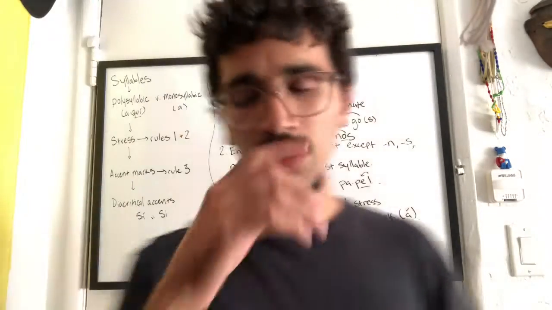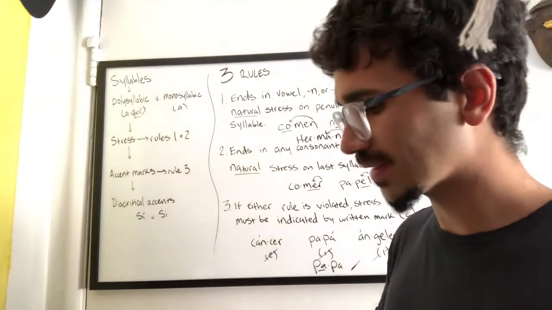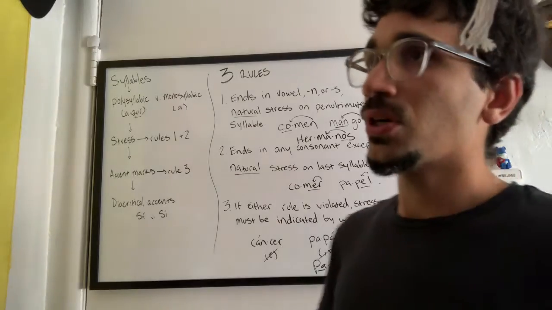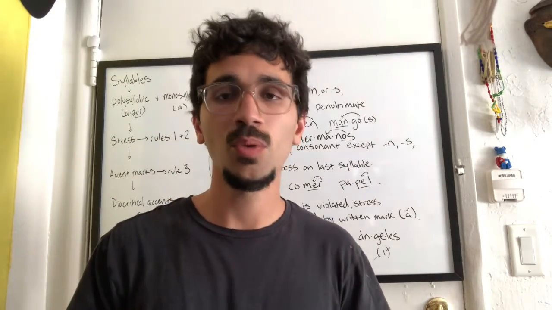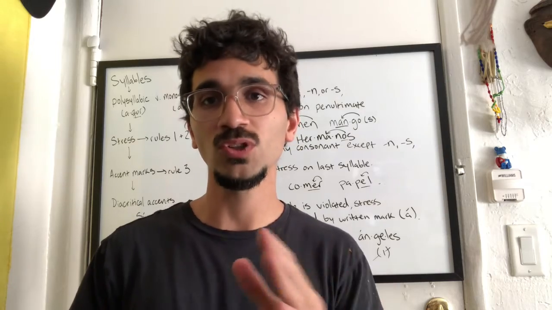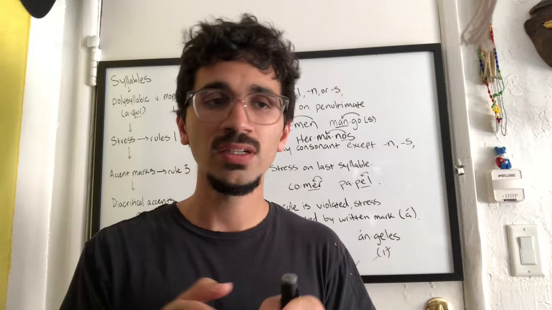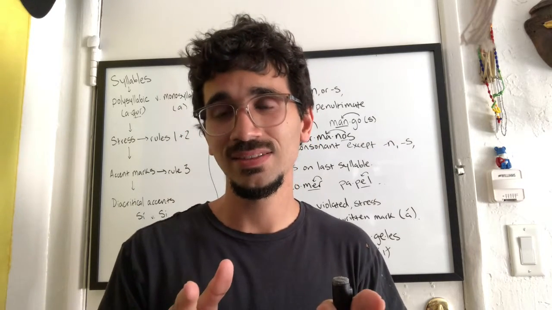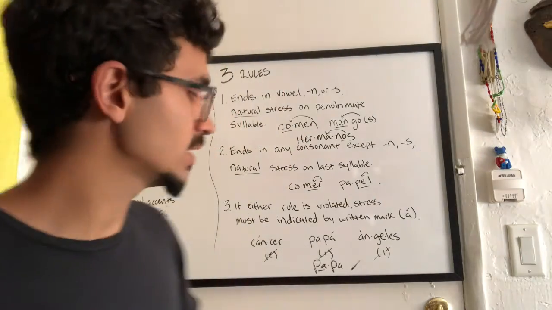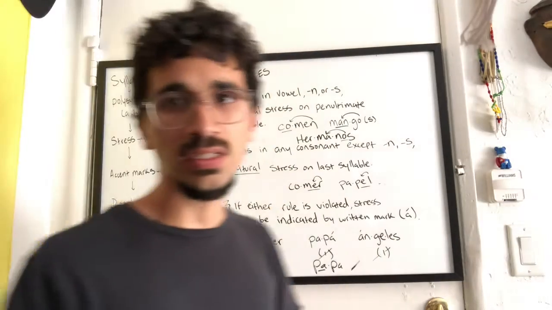Entonces, finally, the last point I wanted to talk about was diacritical accents, which are accent marks that don't affect pronunciation. They don't affect where stress goes. What they do is help to distinguish in writing two words that are pronounced identically. Okay? So the easiest example here is sí and si.